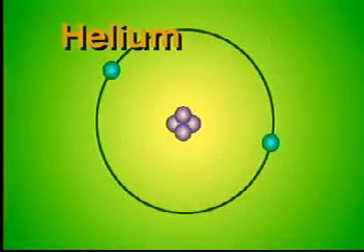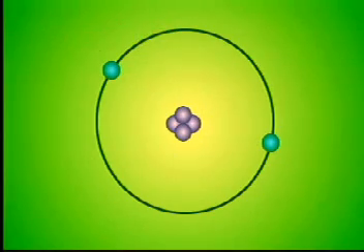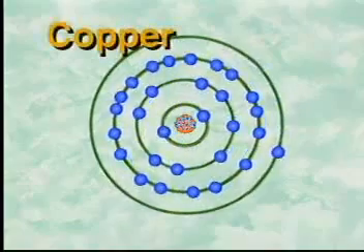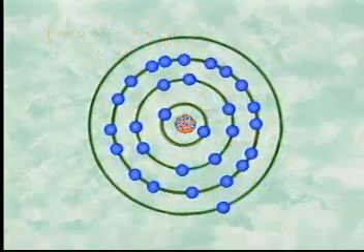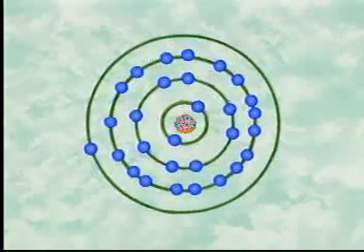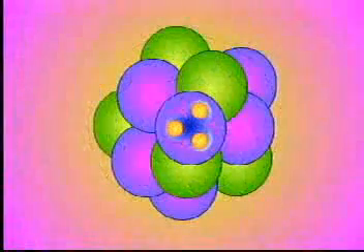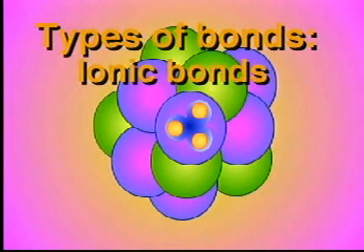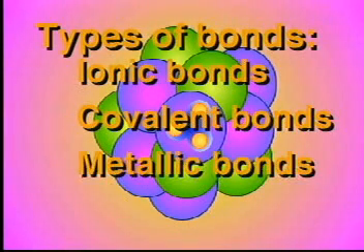Helium has its outer energy level full with 2 electrons. But elements, such as copper seen here, in which the outermost energy level is not filled with electrons, are less stable and are more likely to form bonds. Let's take a look at common types of bonds: ionic bonds, covalent bonds, and metallic bonds.